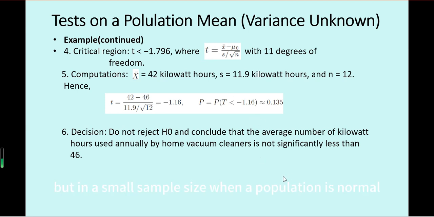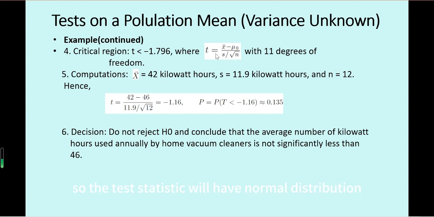But in the small sample size, when the population is normal, but we get a sample size less than 30, so we have to use a t-test if we do not know the variance of the population. So if we know the variance of the population, we can use normal distribution both in a small and a large sample. Because the test statistic, we use the population variance here.